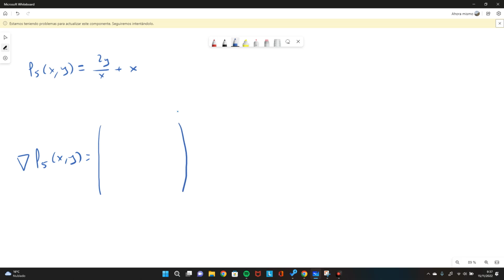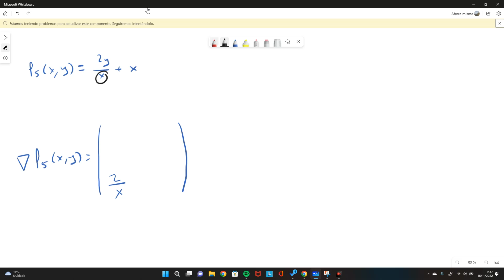I'm sorry, sometimes I forget these formalities. Anyhow, with respect to y first, because it's going to be easy. This is just 2 divided by x plus 0, which is 2 divided by x. What about x? Think of this as a function, it doesn't matter, because it's x to the power of minus 1, so it's going to be negative, with the power of minus 2 instead of minus 1.